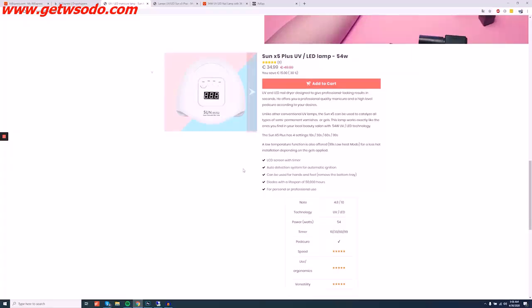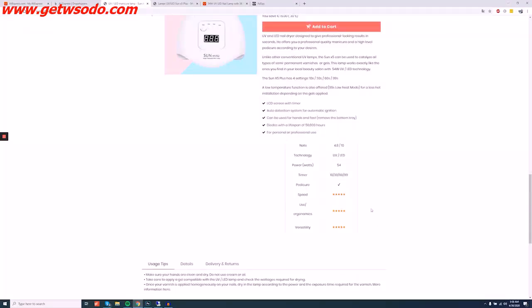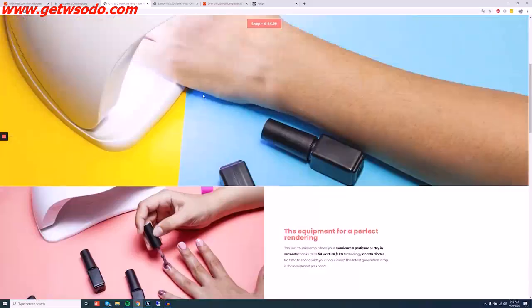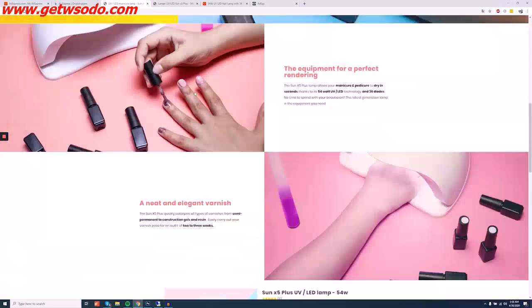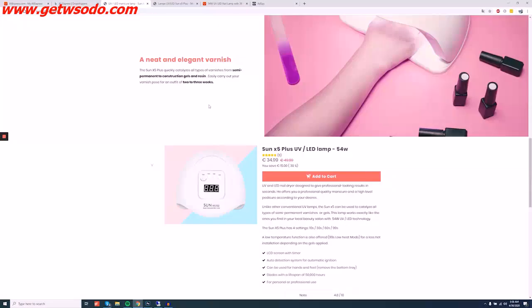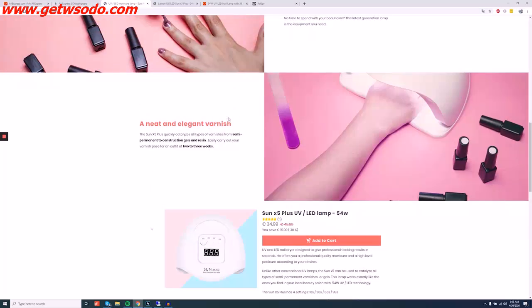Okay, so I see what the product is now, and I see that there's the specifications for it. So now that I have a good understanding of what the product does, what kind of people will be using it? Basically, people who love to paint their nails and would like to get slightly better looking nails. They would be probably the most interested in this product.